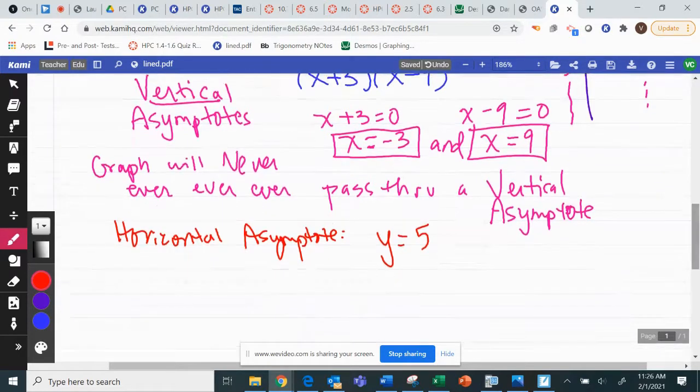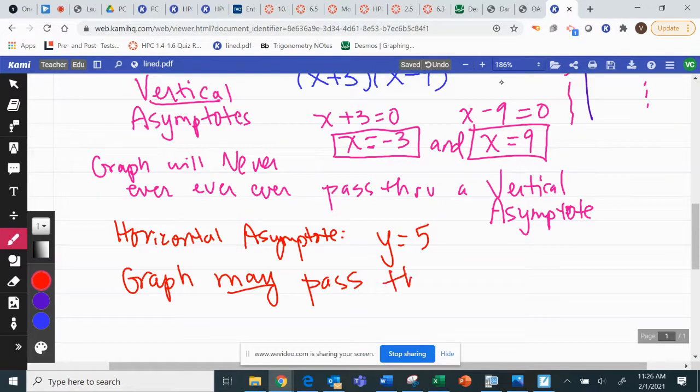And for this, a graph may pass through a horizontal asymptote. It might.